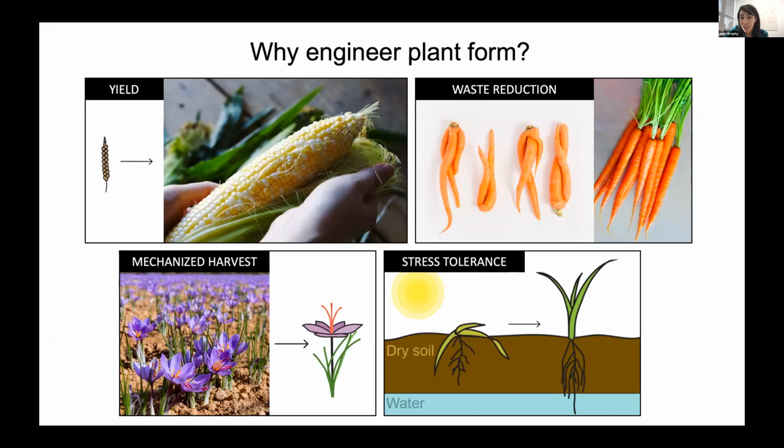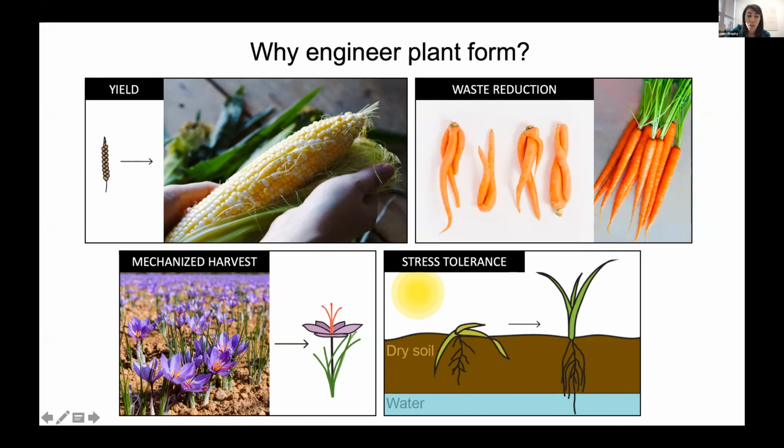For example, waste reduction. Can we take some of the forms that plants grow into and reduce them down into shapes that are all suited for market, so that we don't end up wasting any of the produce that we grow? Or can we change the growth programs so that the plants that we produce are ideal for mechanized harvest?